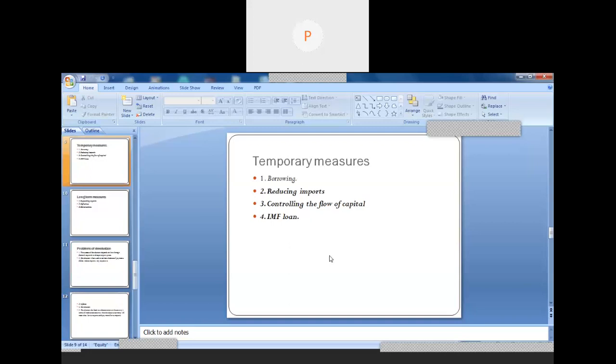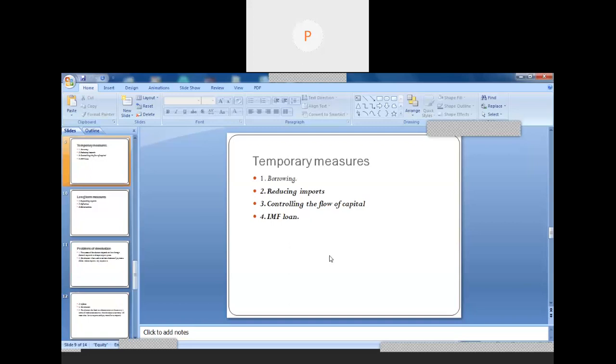Temporary measures, I mean to say, are those measures which are aimed at arresting the falling situation, whatever decline there is in the economic situation, or in the long run it tries to give the solution. It is an activity.